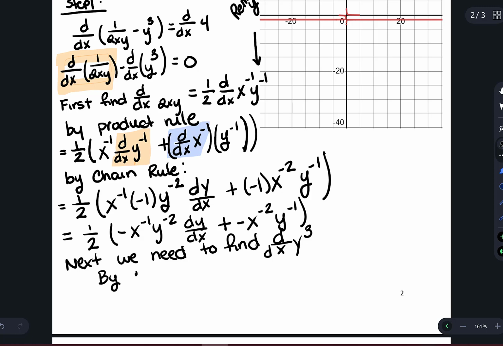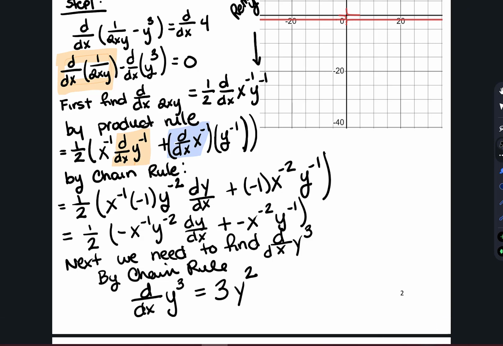So by the chain rule, we've got the derivative with respect to x of y cubed is equal to 3 times y squared, but y is a function of x, so we need to multiply by the derivative of y with respect to x. And so just constantly keep in mind here that y is not a constant, it's a function of x. So that's really where this implicit differentiation is different than what you've seen before.